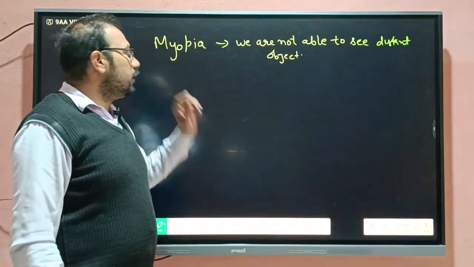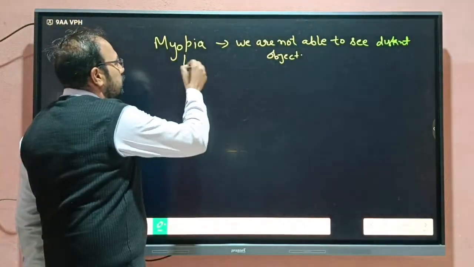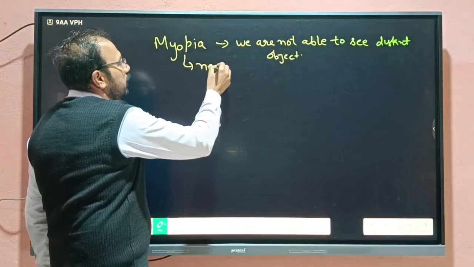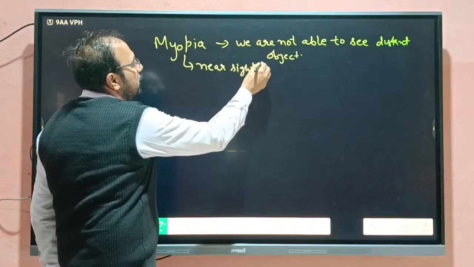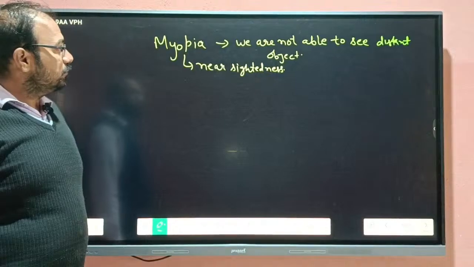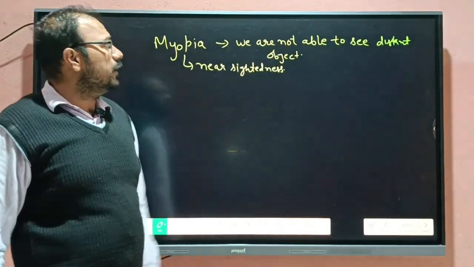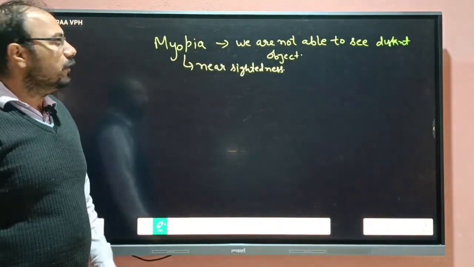Another name for myopia is nearsightedness. We are not able to see the distant object, and the other name for it is nearsightedness.